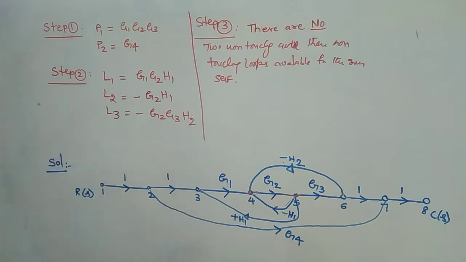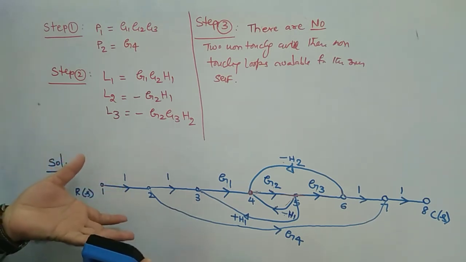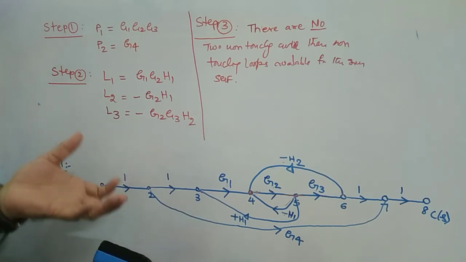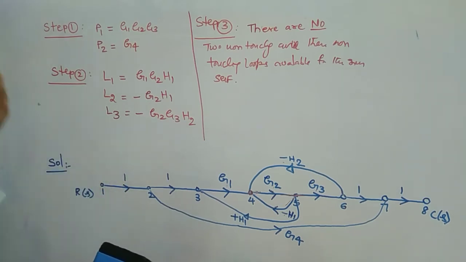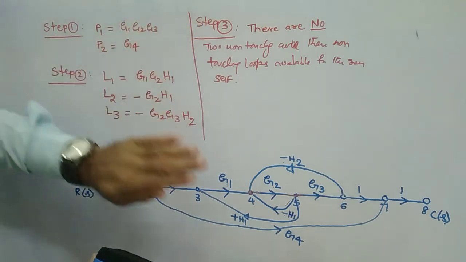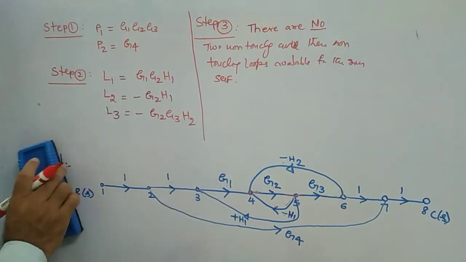Now come to the last step, step number 4. In step number 4, normally we have to find the transfer function using Mason's gain formula. As per this formula, by substituting step number 1, step number 2 and then step number 3 into the fourth step, you will get your answer.